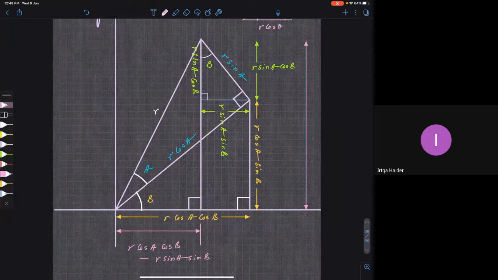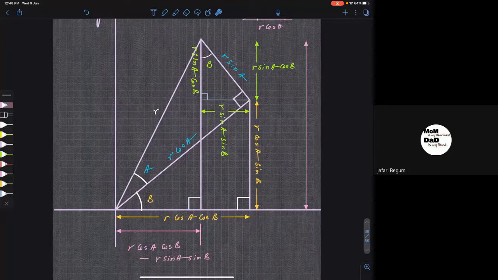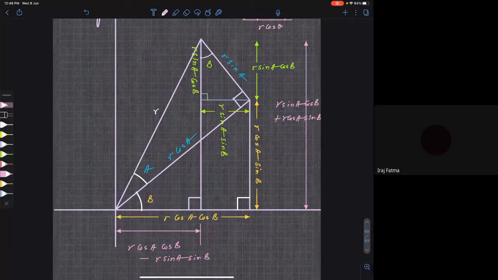This big vertical side will be this yellow side plus this yellow side, right? ये side और ये side मिला के ये side आएगा. So tell me what is that side? R sin A cos B plus R cos A sin B. Clear? Yes, sir.